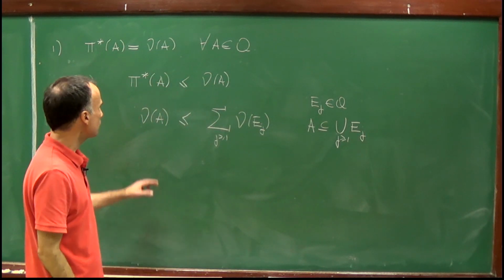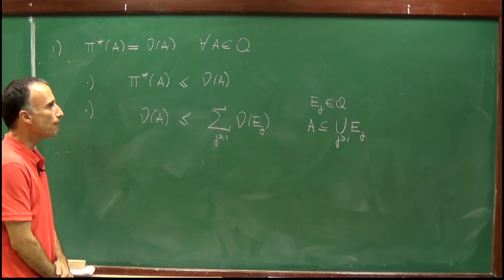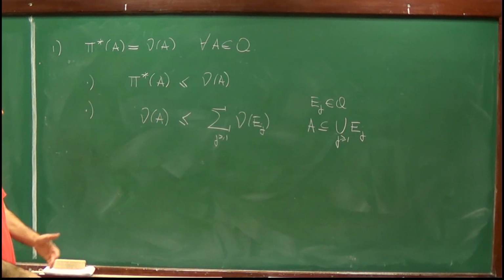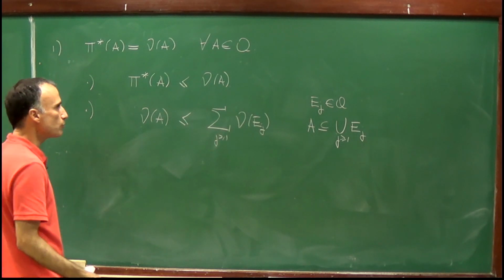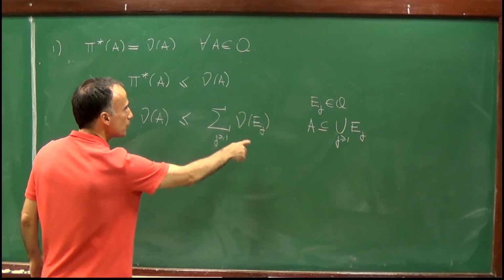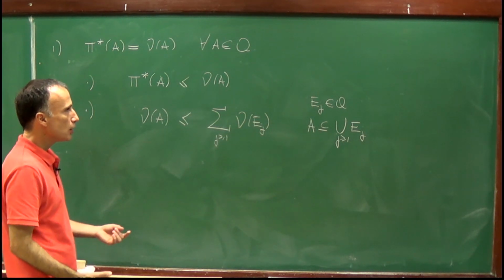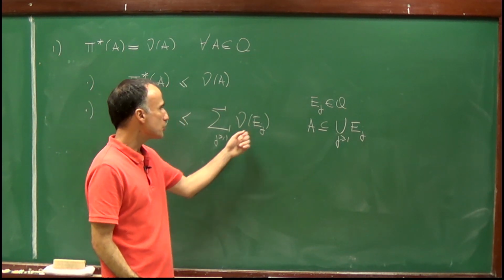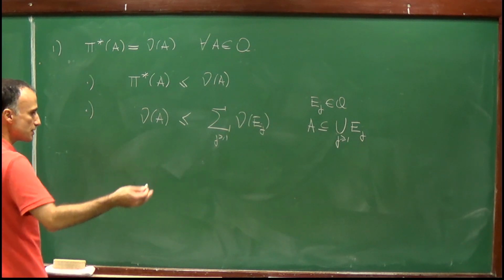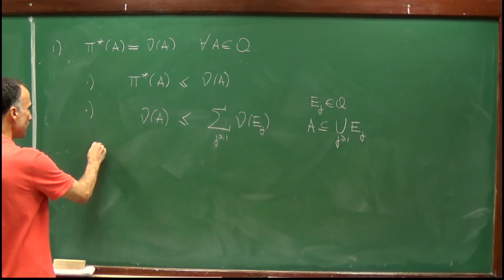So what we need to show is that this inequality holds if you have such a family. What we will do is start with this family Ej and construct a family of elements of the algebra which are disjoint 2 by 2 and which contain the set A. This is exactly the construction we did a minute ago.